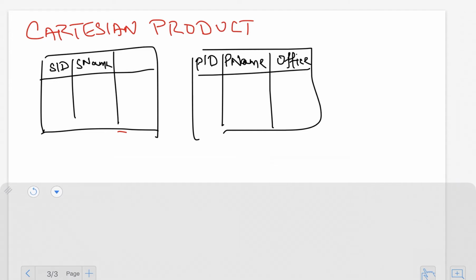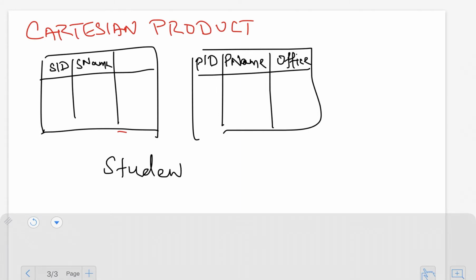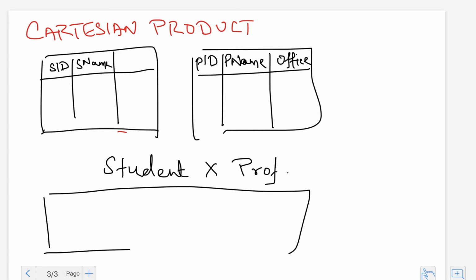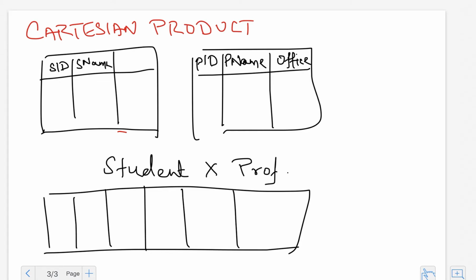And what I can do is I can say something like student cross professor. So denoted by a cross is the Cartesian product, and now what this gives me is a large table with 1, 2, 3, 4, 5, 6 columns.